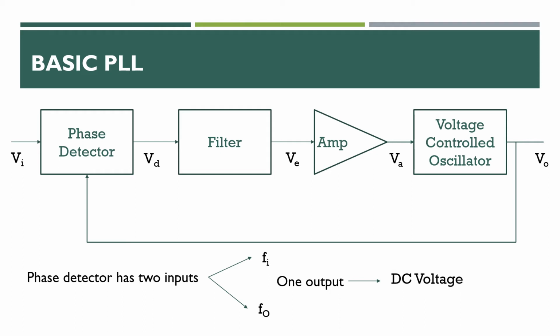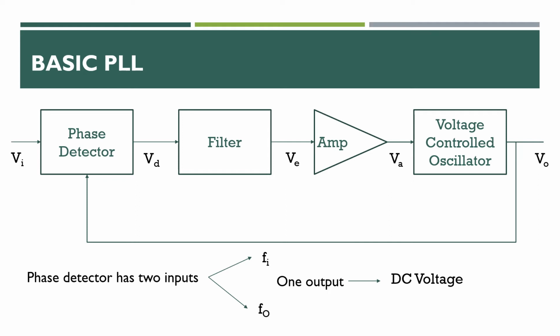So the phase detector compares the two frequencies, and a phase difference is given as output. Now if this DC voltage has high frequency components, they are removed by using a low pass filter, which allows only the low frequency signals.